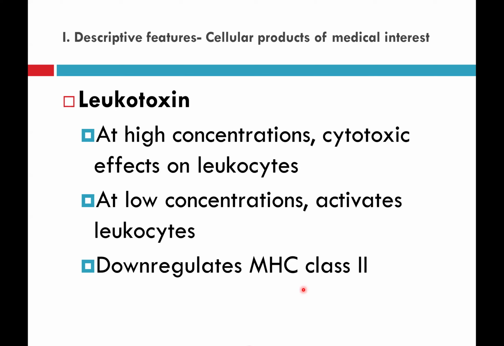And you'll learn more about this in immunology, but basically, when the MHC class 2 recognizes an antigen, it will trigger an immune response. And so if it has the ability to downregulate the MHC class 2, then it is a way for the bacteria to silence the immune system, at least for a while. Tapos, parang incognito si Pasteurella multocida.